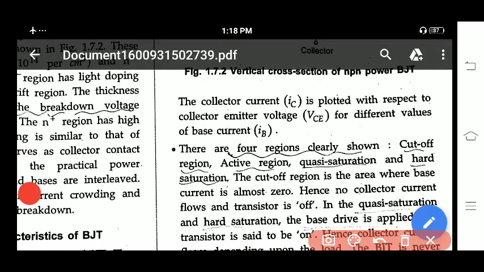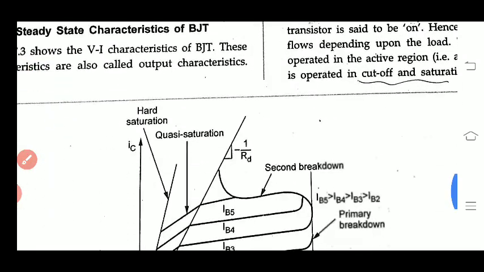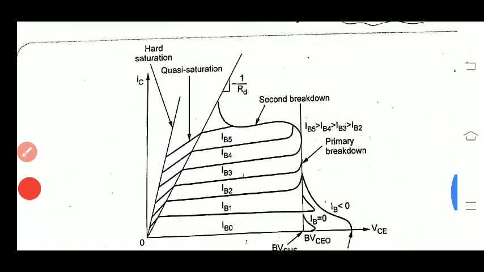Here you have collector current IC, collector to emitter voltage VCE, and base current IB. With respect to all these parameters, you can draw the output characteristic curve. Here you can observe its output characteristic curve.